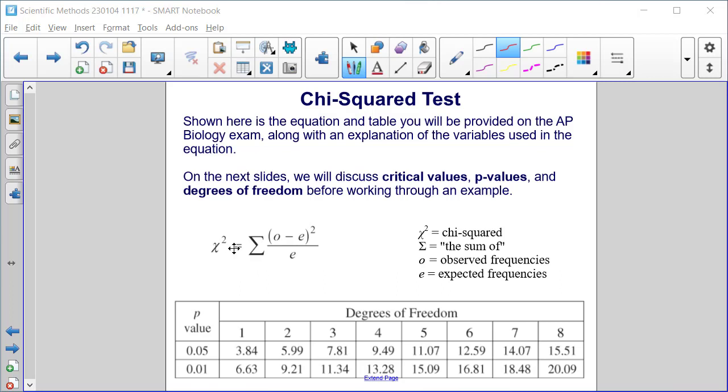Chi squared is equal to the sum of the square of the observed minus the expected frequencies divided by the expected frequencies. And we're given a chart of p-values, which again we're going to talk about in the next slides. P-values of 0.05 or 0.01 and varying degrees of freedom.